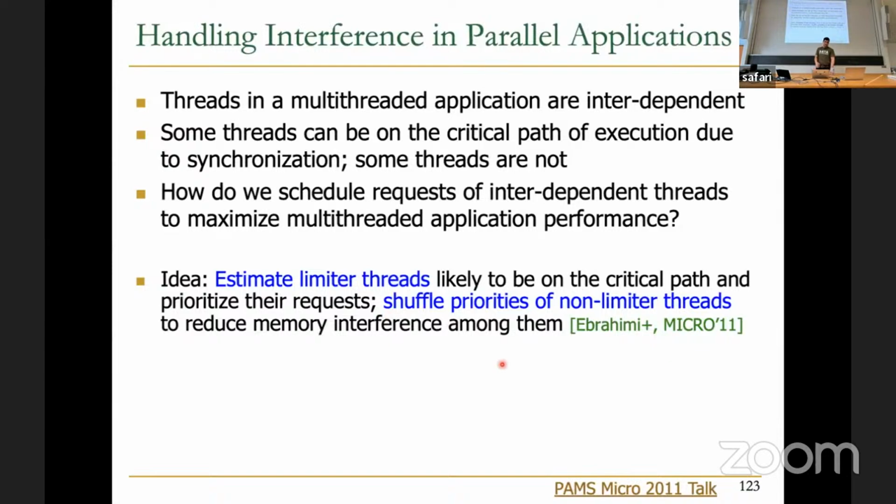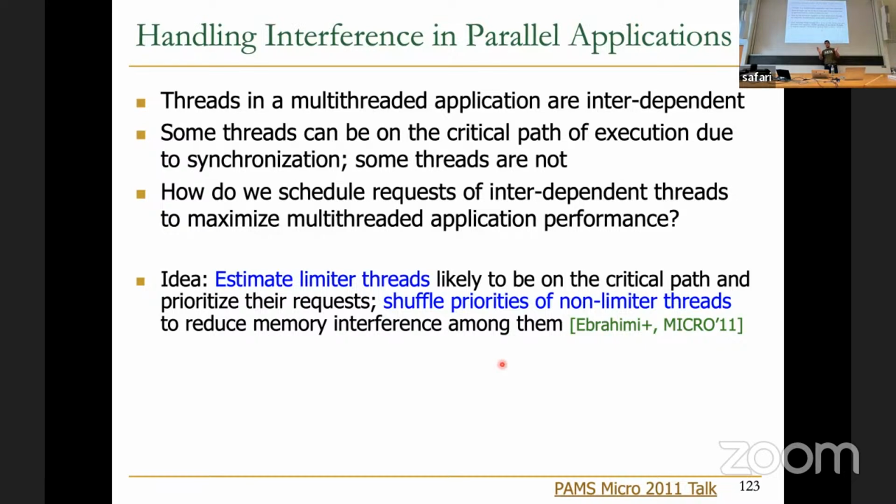Well, the key idea we'll describe is that if you can estimate the threads that limit performance, in the previous case it was B, you prioritize them over other threads in your whole computer system. But we can choose to apply the idea only to memory controllers. Once we identify the limiter thread and we want to prioritize it, we can choose to prioritize its memory requests in the memory controller.